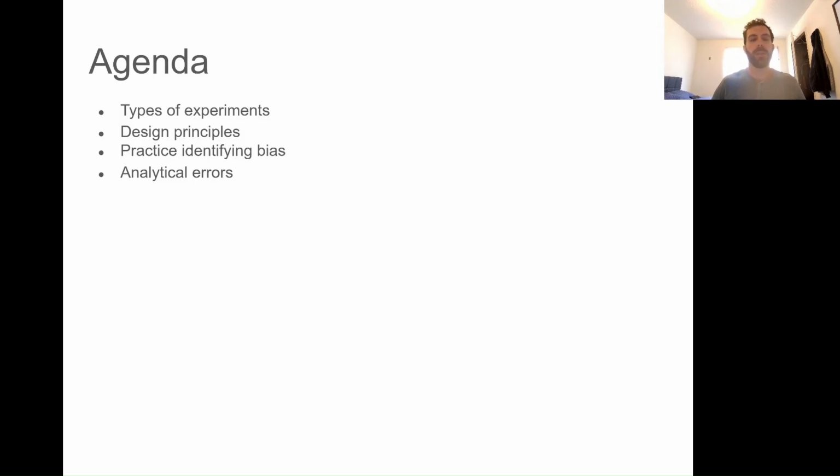So as far as the agenda for today, we'll discuss different types of experiments and key principles in designing those experiments. We're going to do a couple of examples to practice what we learned last class, and we'll cover in this lecture identifying bias, because as I mentioned before, there's a lot of different types of bias, and there's no exhaustive list of the types of bias you might encounter, so it really helps to practice identifying potential areas that could introduce bias.